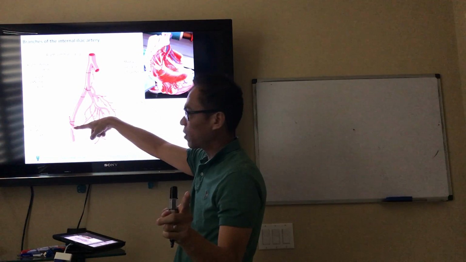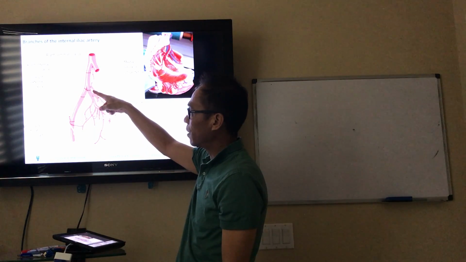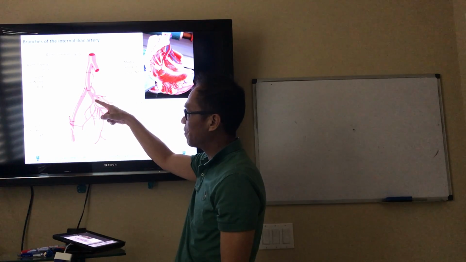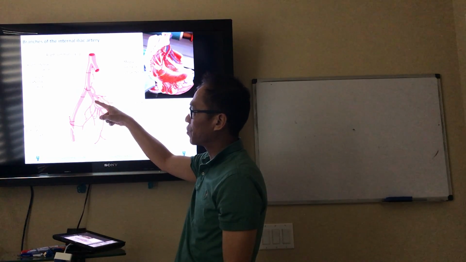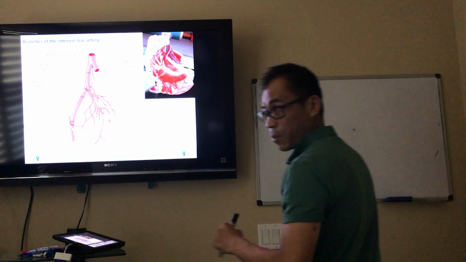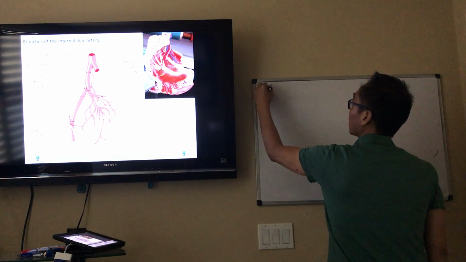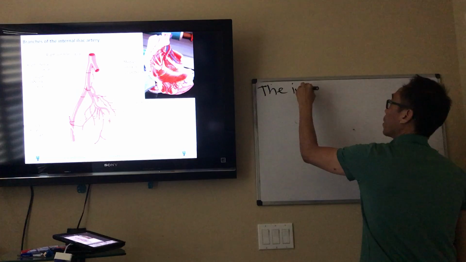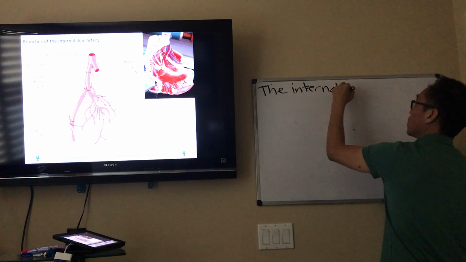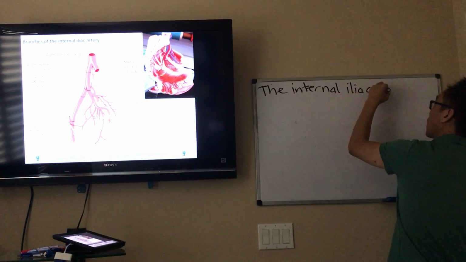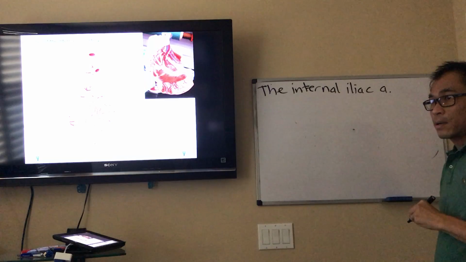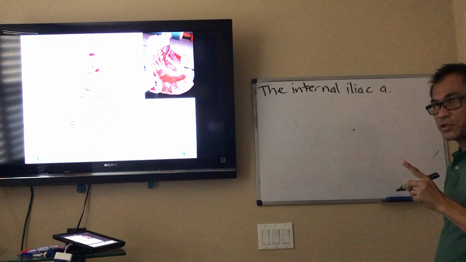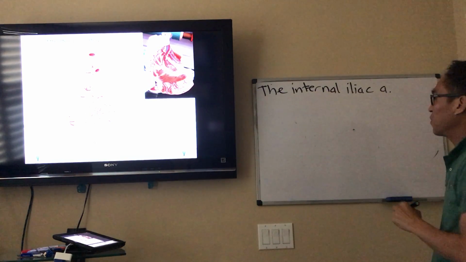We'll go back to the external iliac later. Here's the internal iliac. There are two major divisions of the internal iliac artery, anterior and posterior divisions.